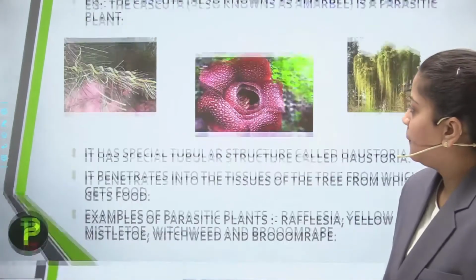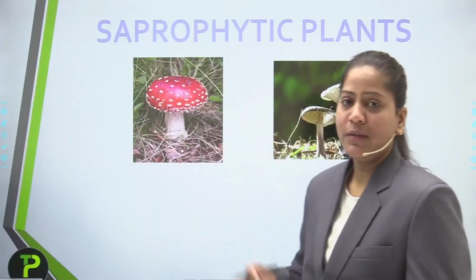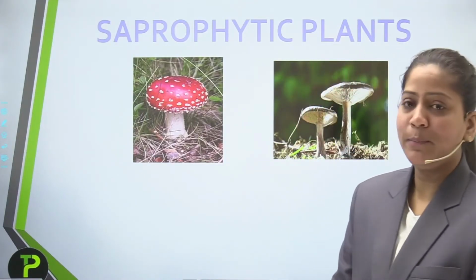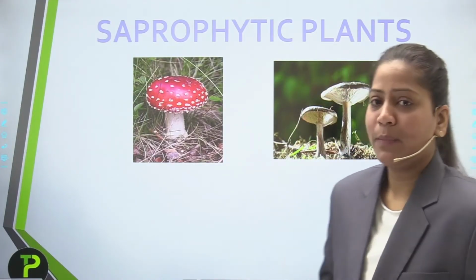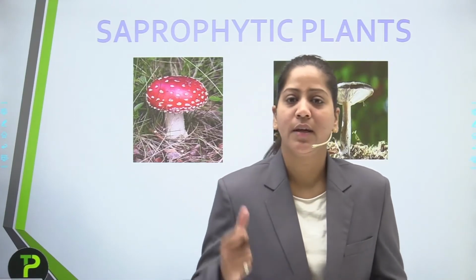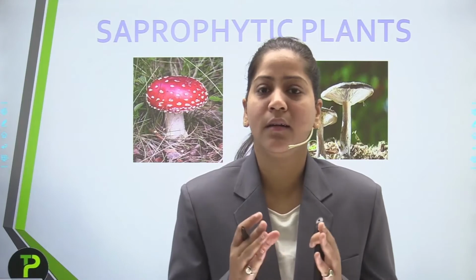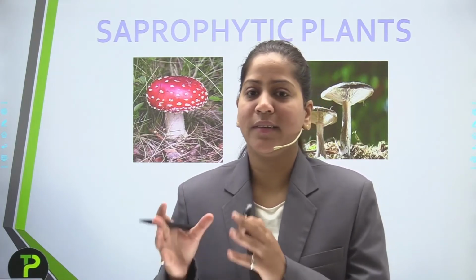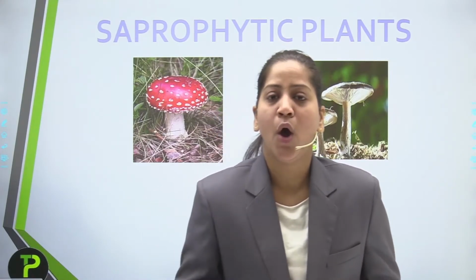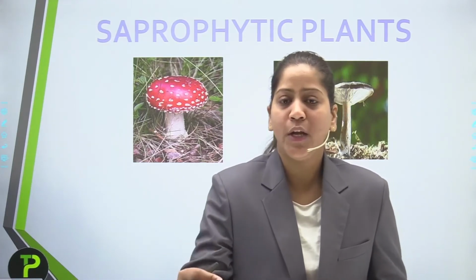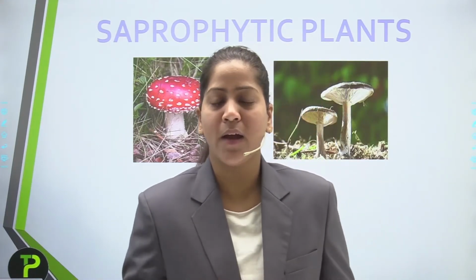Now move to the next slide. Now we will study saprophytic plants. What are saprophytic plants or saprophytic organisms? Saprophytic nutrition is a type of nutrition in which organisms feed on dead or decaying plants or animals.